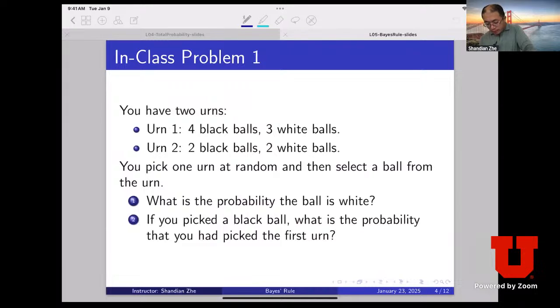We consider two questions. First, what is the probability the ball is white?